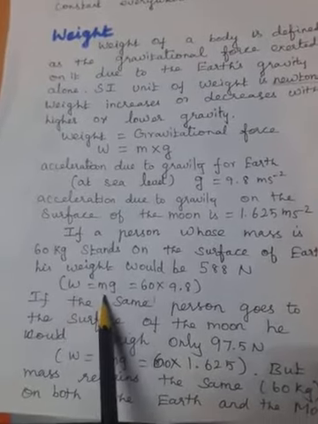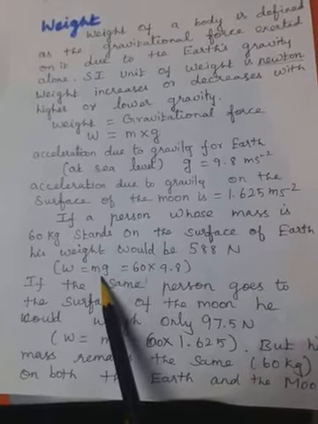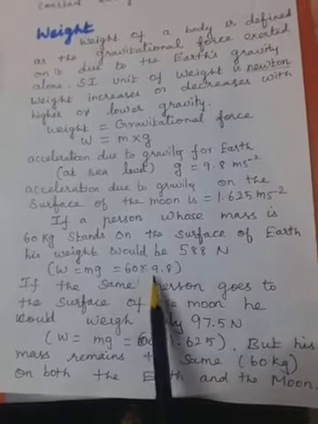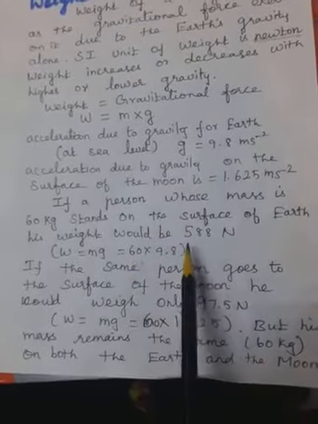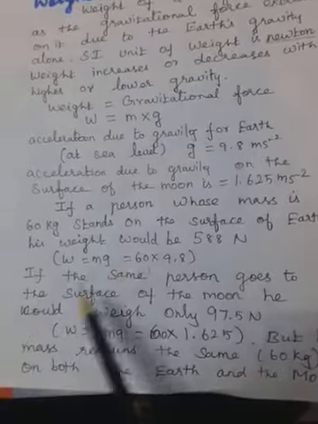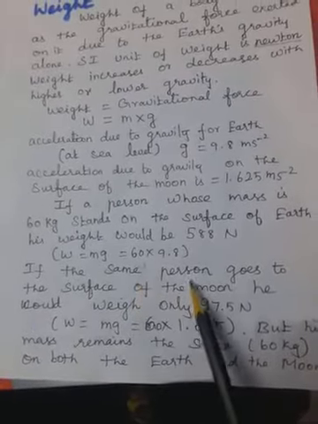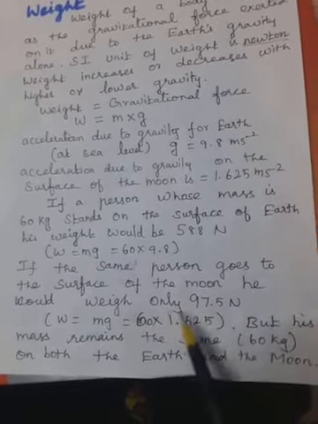W is equal to mg. m is 60 kg, so 60, and g, the acceleration due to gravity, is 9.8. Multiplying m into g, we get the answer 588 Newton.